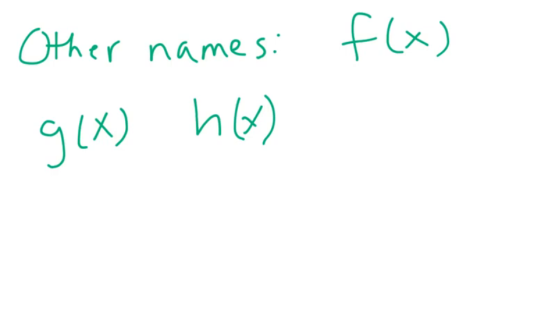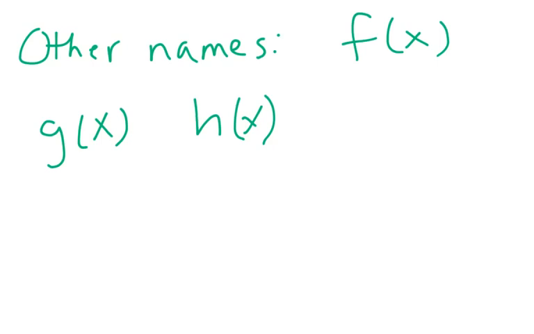And if you're thinking because they're the next letters in the alphabet, A, B, C, D, E, F, G, H, you would be correct. That is why. So if we're dealing with a math problem that has more than one function in it, we'll often name the first function F and the second function G and the third function H, and it's just because we're boring and we don't have anything else to name it.